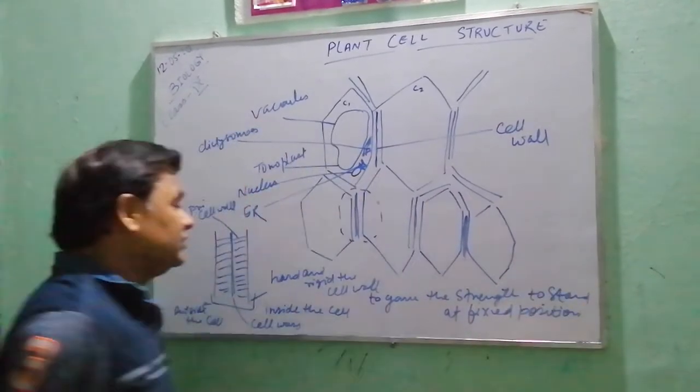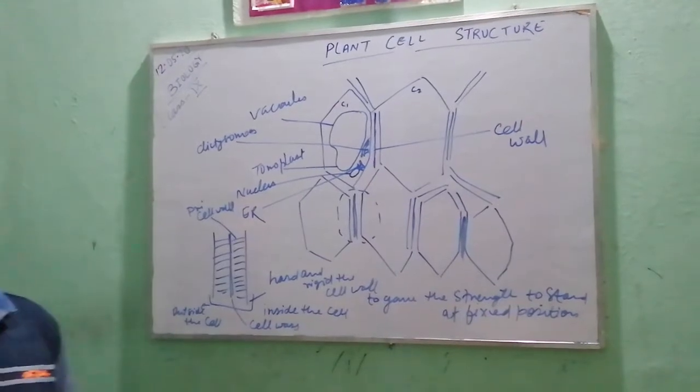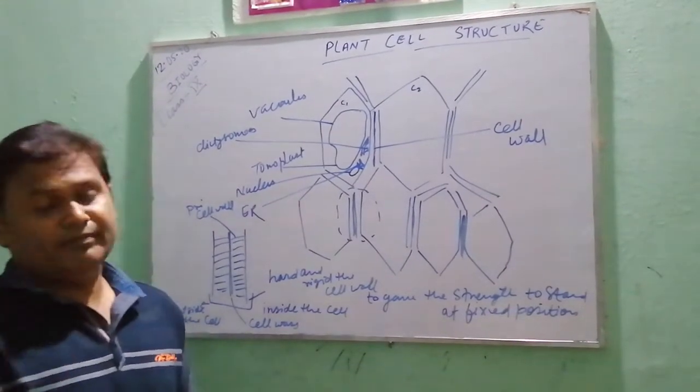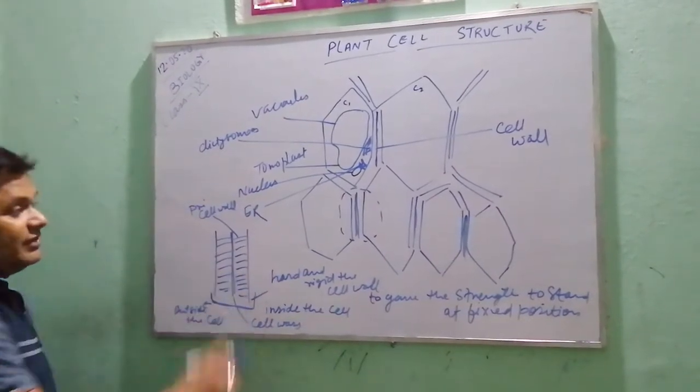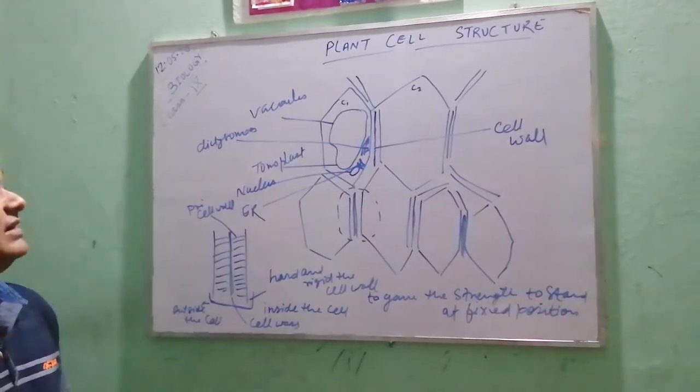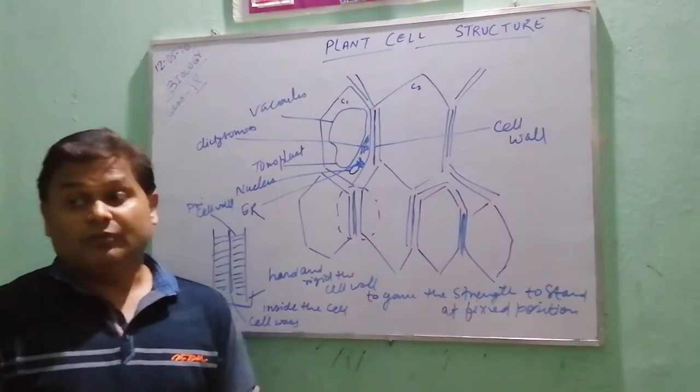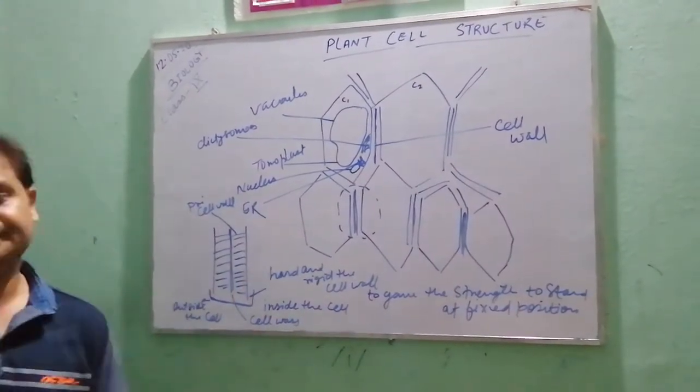As we know, the plant stands in its position permanently for many years. Due to the presence of these hard structures, the plant cell is supported to stand there for many years. Note down.